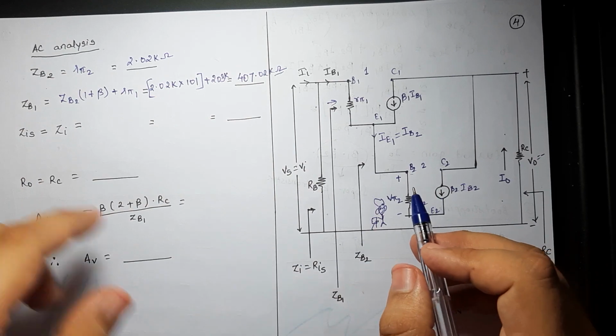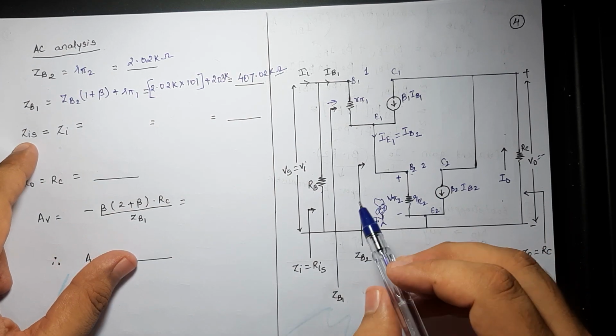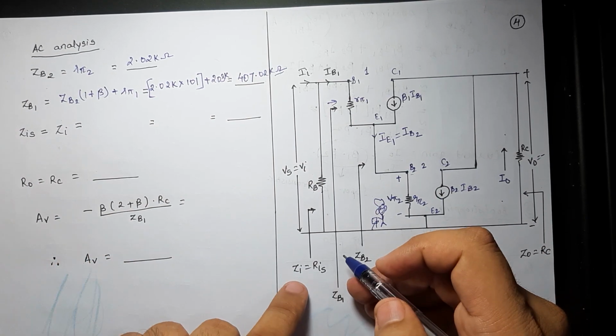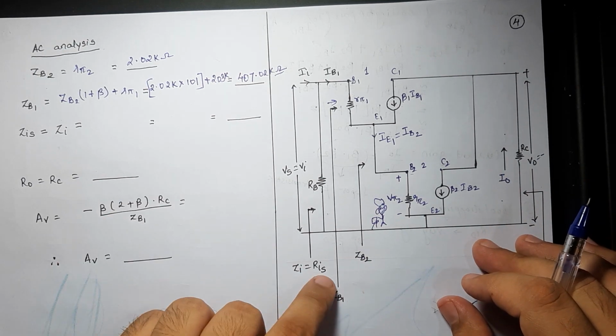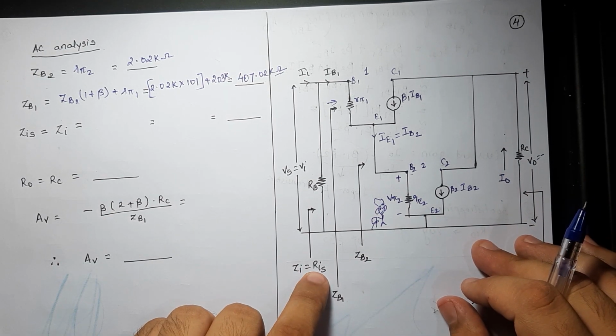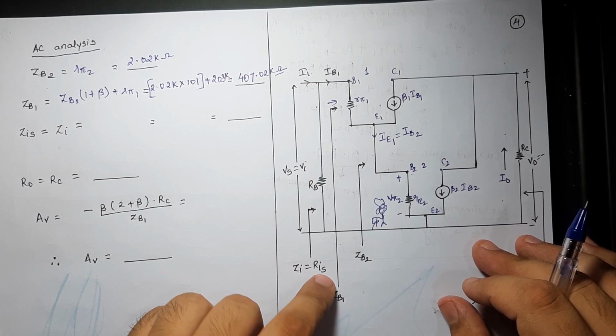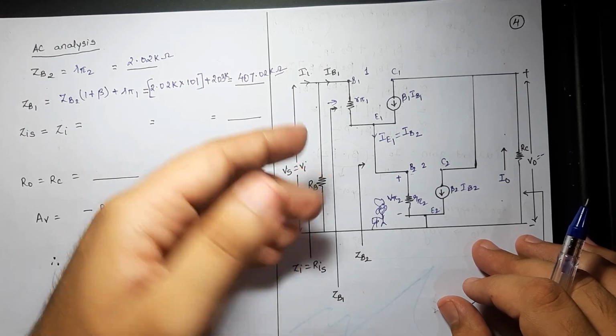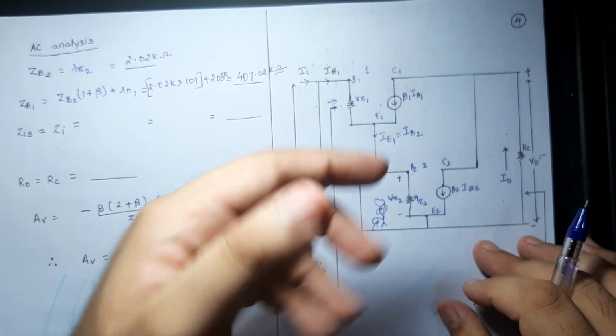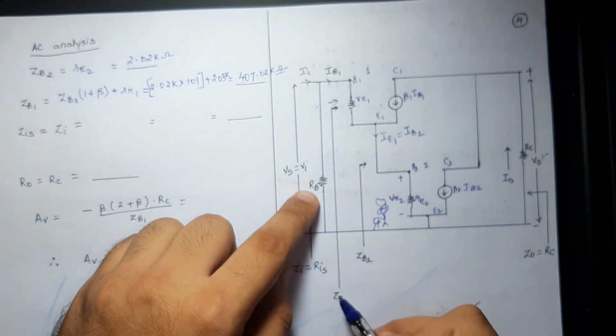Now the thing is simple. I want to find out the input impedance at source, which is nothing but the input resistance visible at source. S stands for source, I stands for input resistance. Hence the input resistance at source. If I am standing over here, I am able to look into a network which is nothing but RB parallel ZB1.